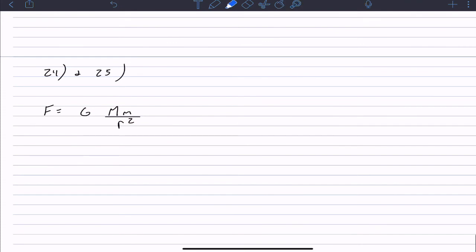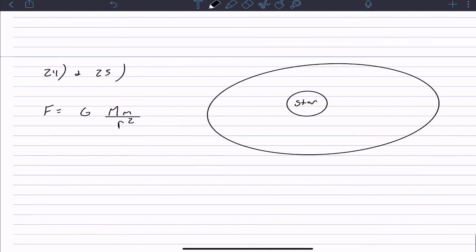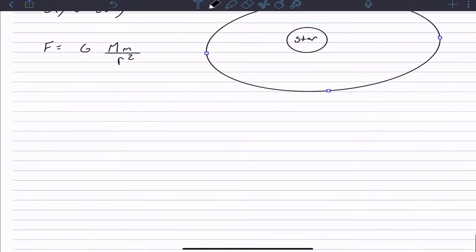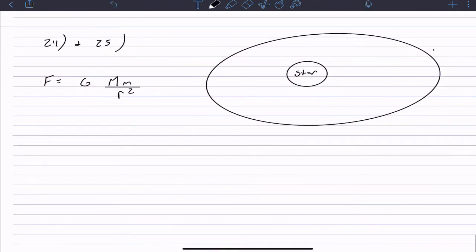Okay. So let's notice that we have a star here. It looks like an egg. There's a star. And now we have some elliptical orbit, right? And a planet is making an orbit here. Okay, we'll call this big M.